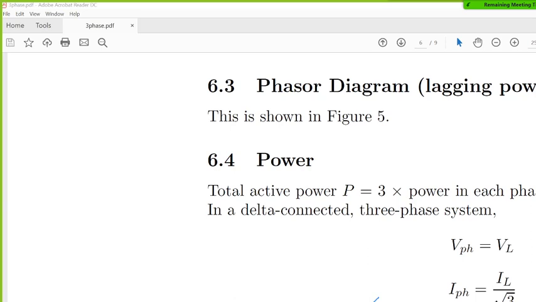Simply replace the values of V phase and I phase from here using this. 27.